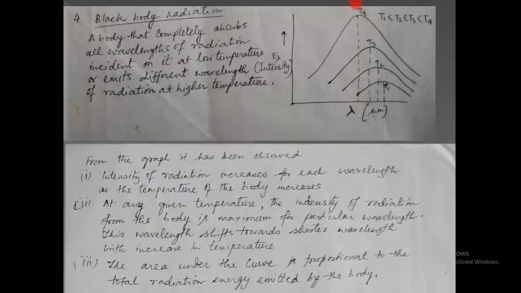So for the highest temperature T4, the lambda m value is minimum, and for T1, which is the least temperature here, the lambda m value is maximum. Lambda m stands for the value of wavelength where the energy density is maximum.